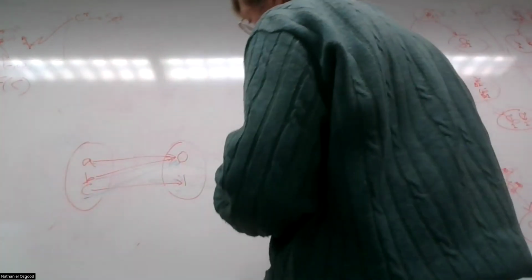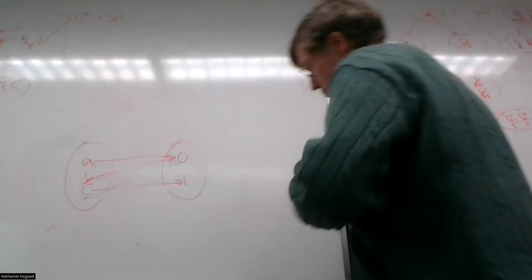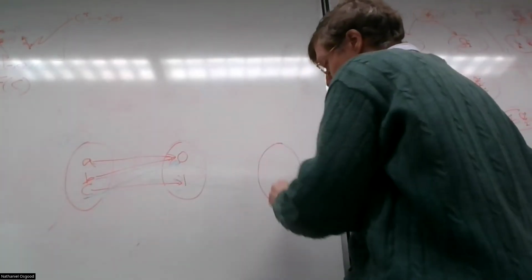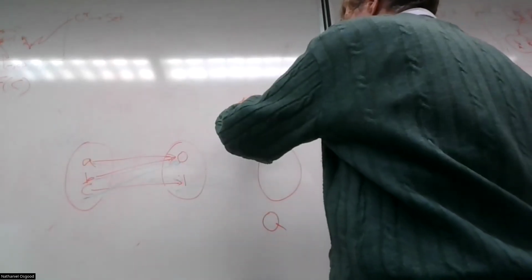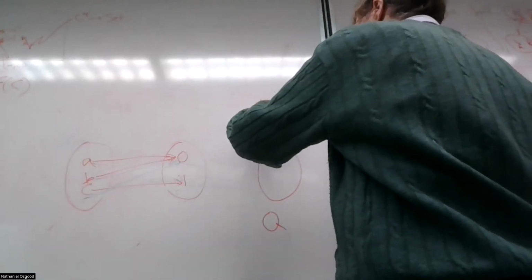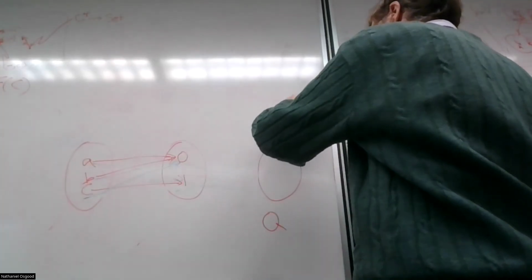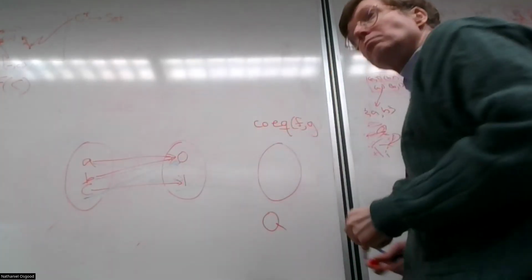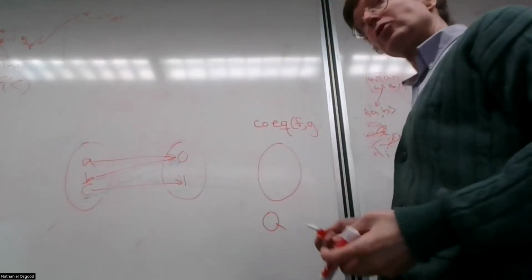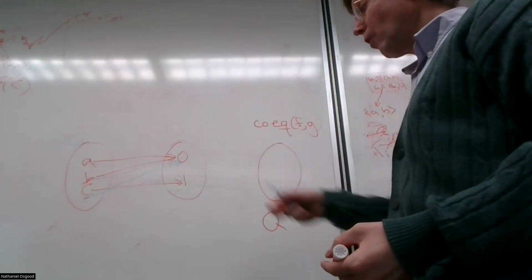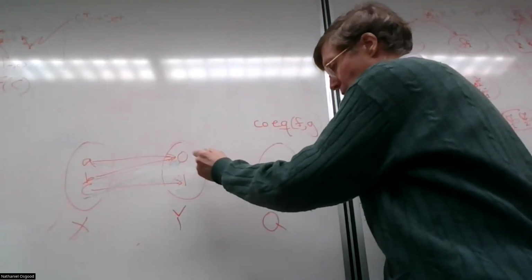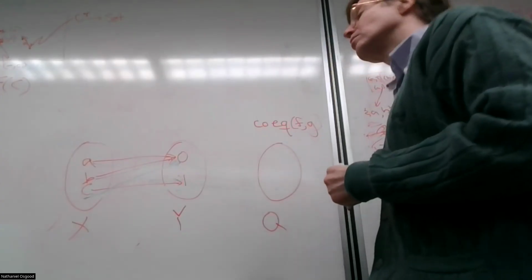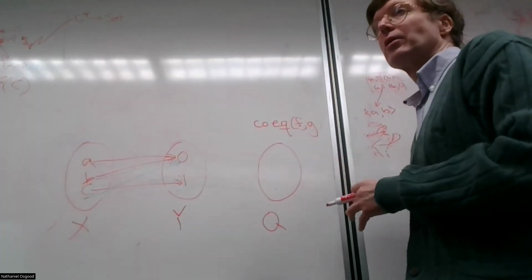And now we're going to have another set, which is going to be called Q. We might call this the coequalizer of F and G. And there's going to be some function; this is X, this is Y, this is Q. There's going to be some function here from Y to Q. Do you remember what sort of function it is?